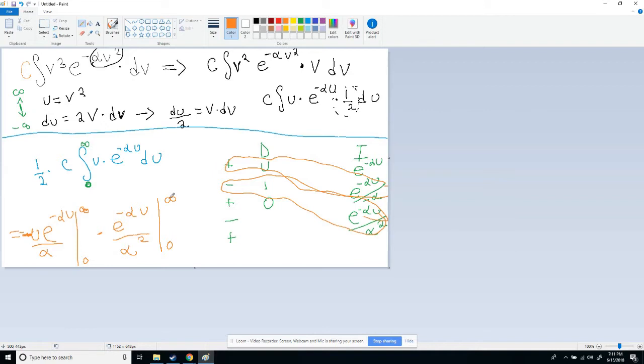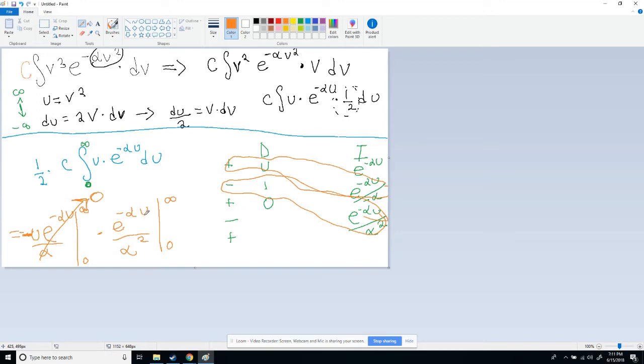Now we have to examine these limits and see what happens. So when this one is infinity, this guy will go to 0. So this whole one is 0. When this one is 0, we can easily see that this whole term goes to 0. So for both of these limits, this first term is going to be 0. Similarly, let's examine what happens when we plug in infinity.